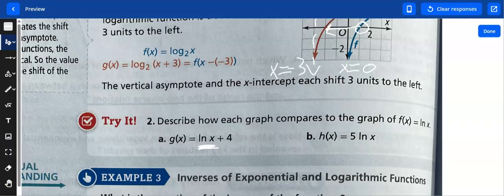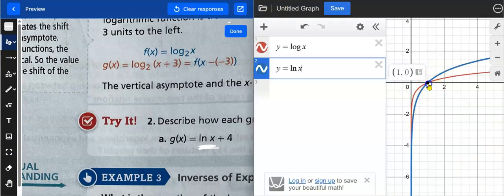Is it drastically different than log? No, it's not drastically different. Yes, it's a different base. I'll prove it to you. So they share the x-intercept 1, 0 in common, and they have the same basic shape. They have the same vertical asymptote, same domain and range.